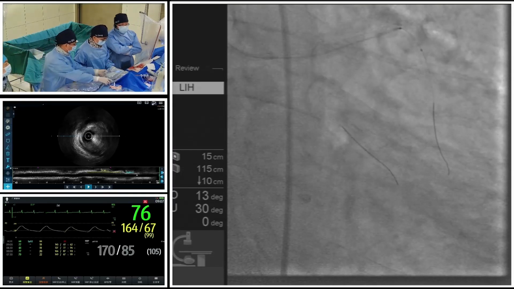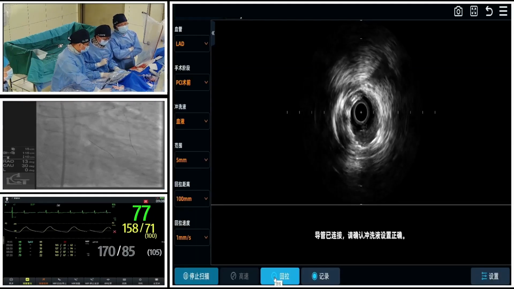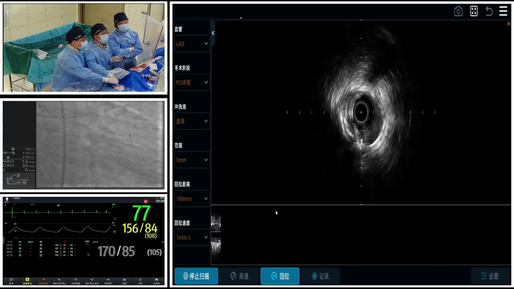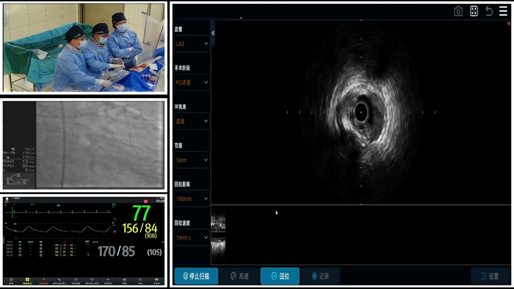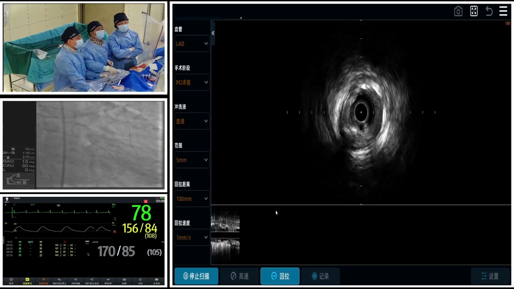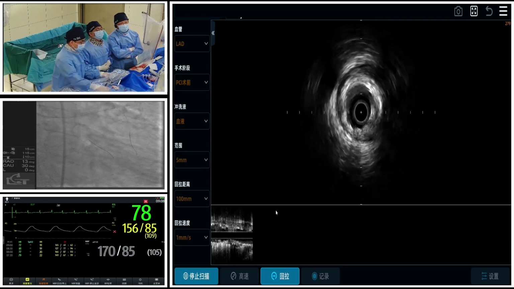Okay, let's check the IVUS image after. Okay, pull back. This is an IVUS image from the proximal LAD to the left main. We can see this after the second stent expansion. We can see relatively the eccentricity is not so severe.